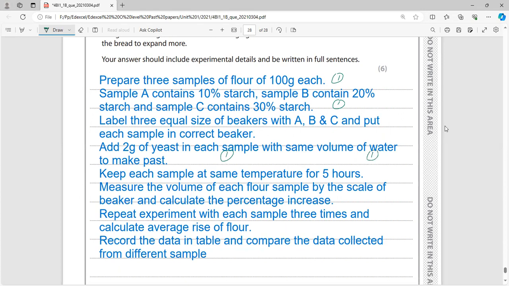Then you keep the temperature, and this is going to be the 5th mark, equal temperature and the same time is given to that. Now measure the volume. That's the method given there. This is our 6 marks completed, and repeat the experiment, and you can secure those extra marks here. So that's overall the 6 marks you can easily secure for this question here.